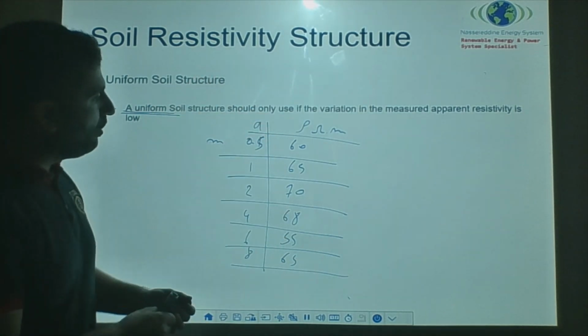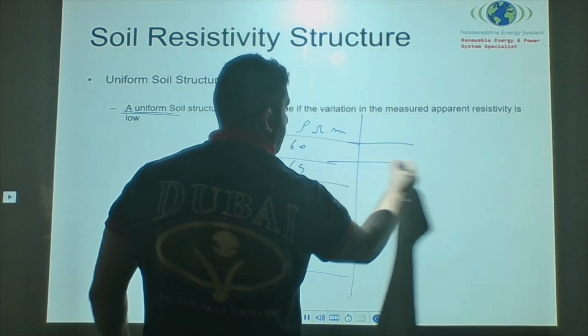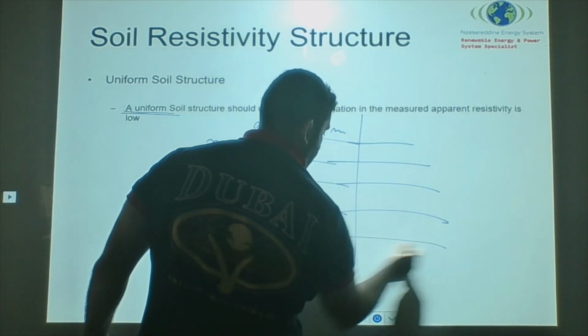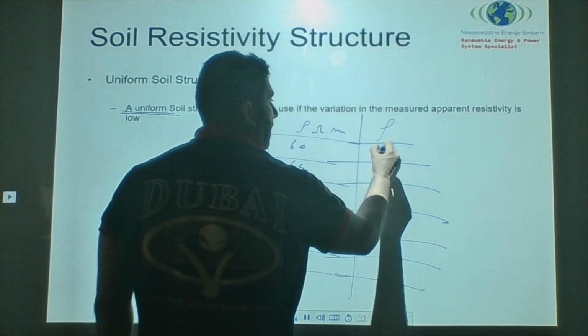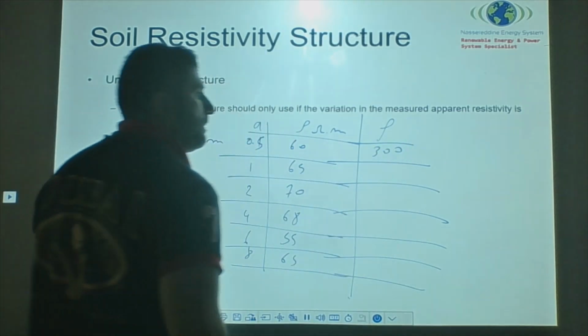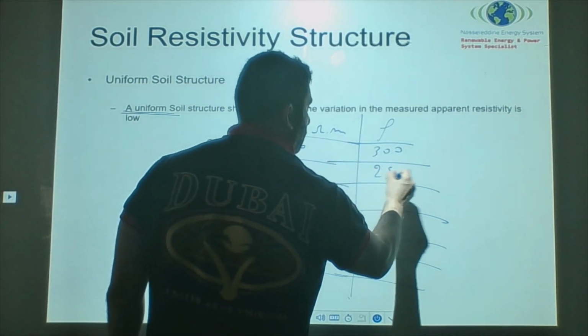You can vary more. Maybe in here I will go another one. Let's say in here I have, for example, 300. Then in here, for example, I have at 1 meter, I have 250.